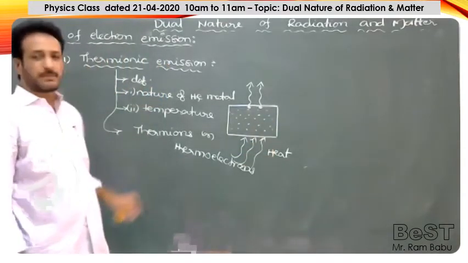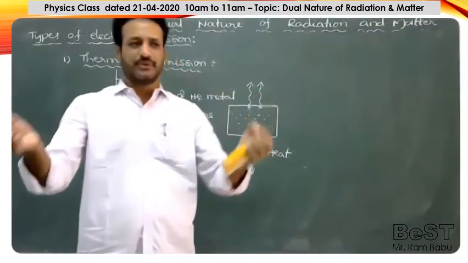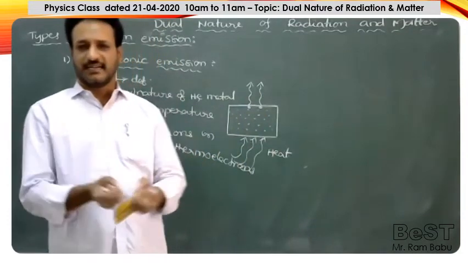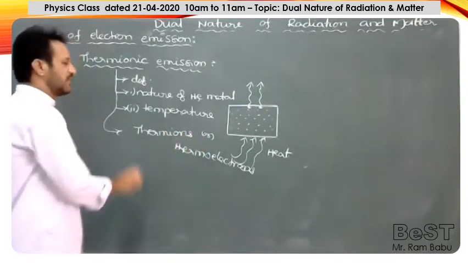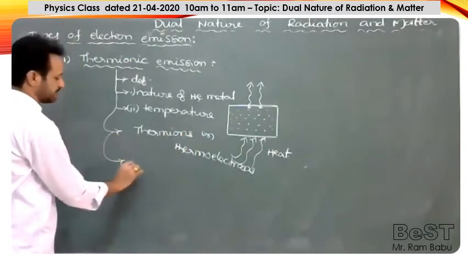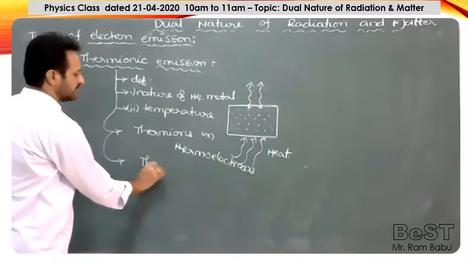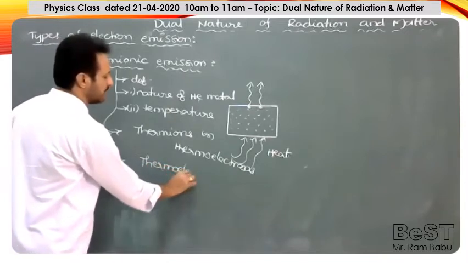For example, when we provide a conducting path, if you connect the battery and a conducting wire, current also passes due to thermions. That is called thermoelectric current. So the current due to thermions is called the thermoelectric current.